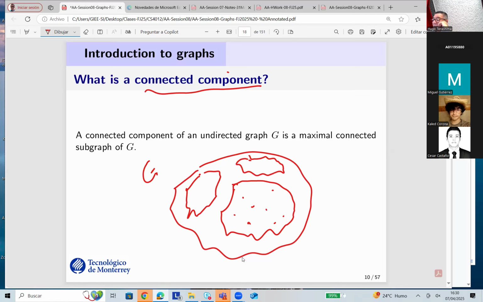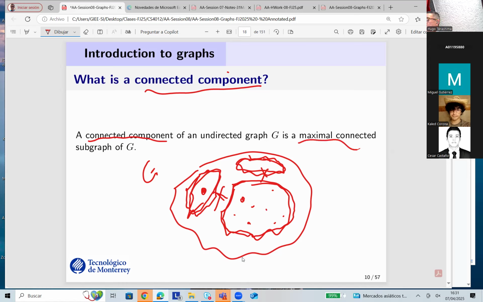Vertices here are connected, vertices here are connected, but this vertex and this one do not connect in the same way. This is what I'm stating with a connected component.